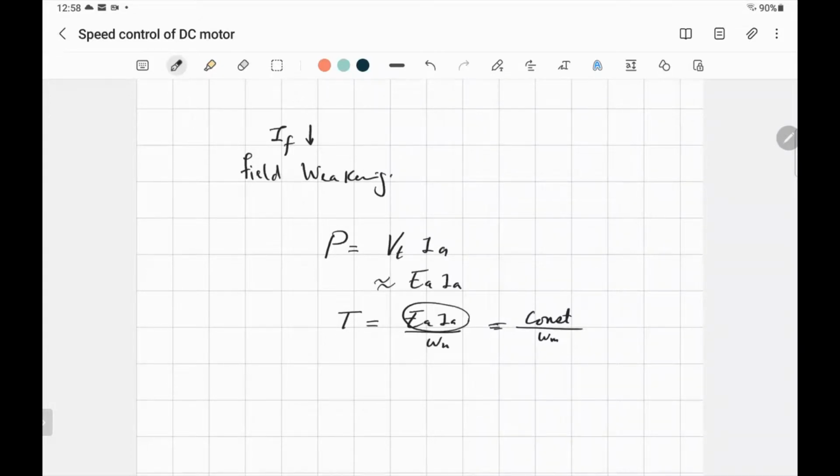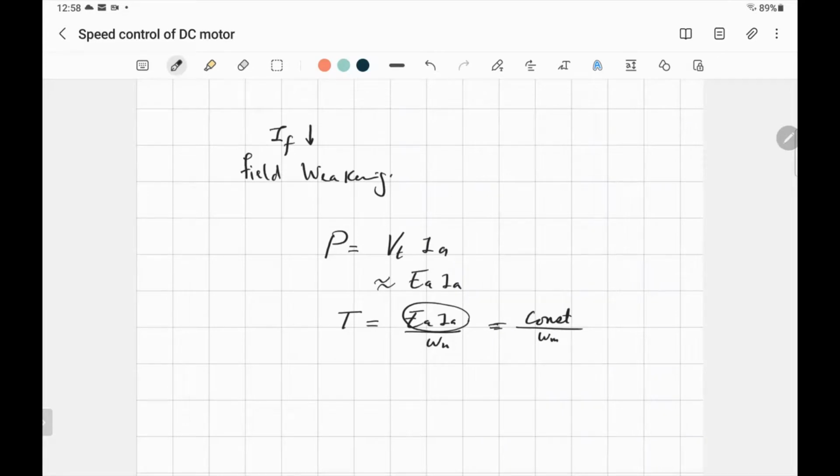We must not weaken a lot, because when the flux drops, Ea drops, and the whole voltage is applied to the machine again. If you ignore the drop, the voltage is increasing, so the speed will be increasing. We said in the beginning that the armature voltage will increase, but I didn't increase the voltage. It's constant.